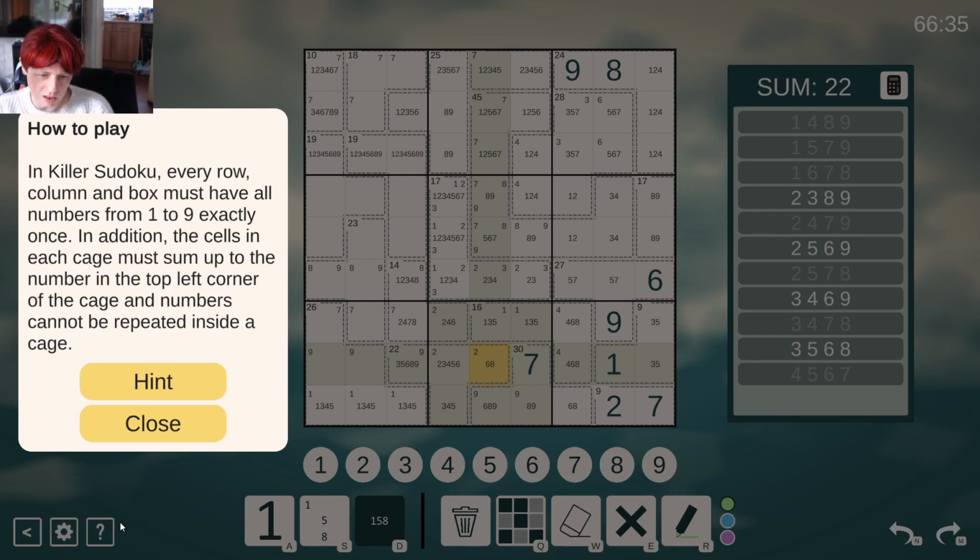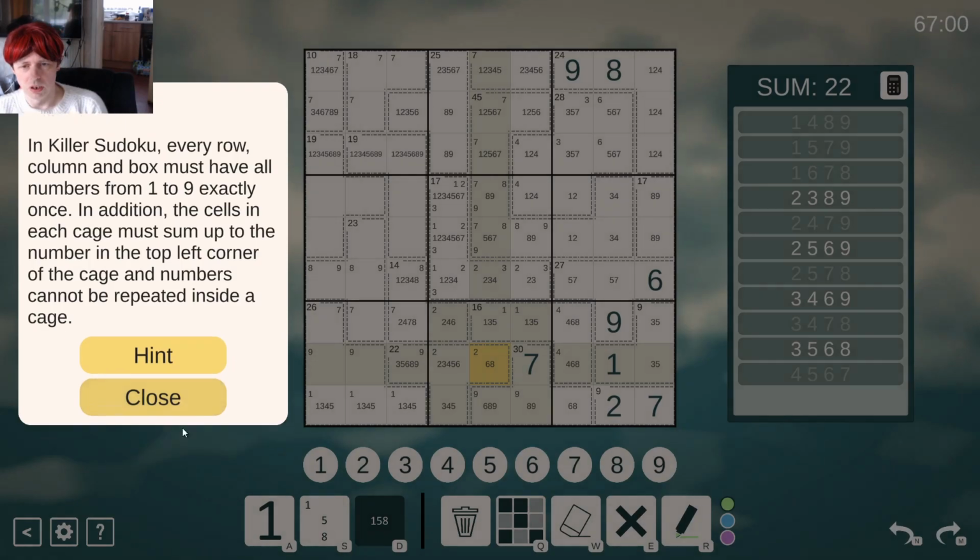So basically, it's normal Sudoku rules. There were also cages, and let's say this 23 cage we're looking at. All the numbers within this cage must sum to 23, and also you can't repeat a number in a cage. Other than that, it's the normal Sudoku rules.